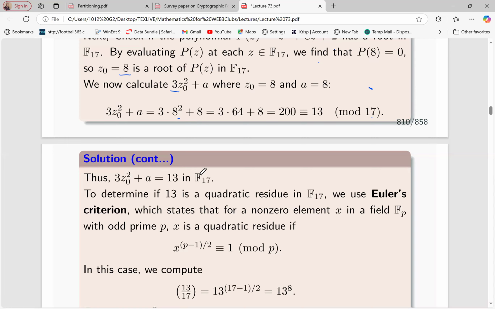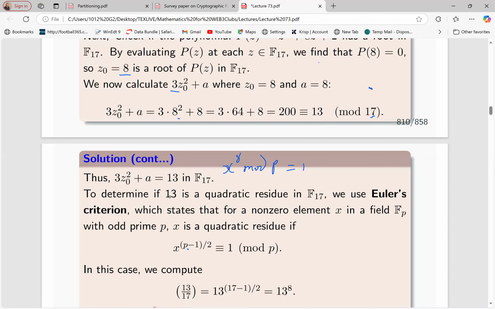What does it say? Euler's criterion says that if you have a number x, to determine whether this number has a square root, we use Fermat's little theorem. We take p, which in our case is 17, subtract 1 from it, that is 16, then divide by 2, and then do this mod p.